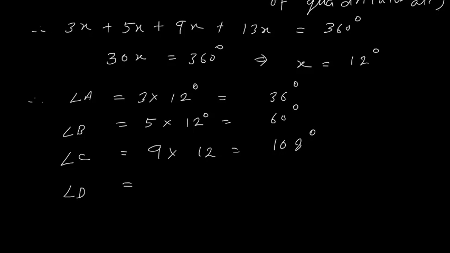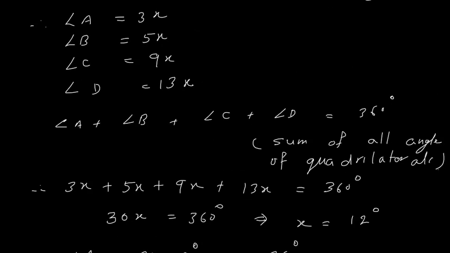And angle D is 13 into x, 13 into 12. So 12 threes are 36, 12 ones are 12, 12 plus 3 is 15. So this is 156 degrees. So these are the angles A, B, C and D.